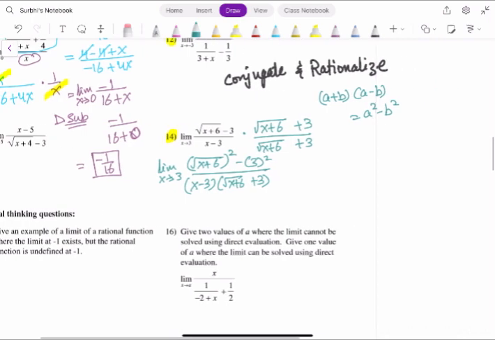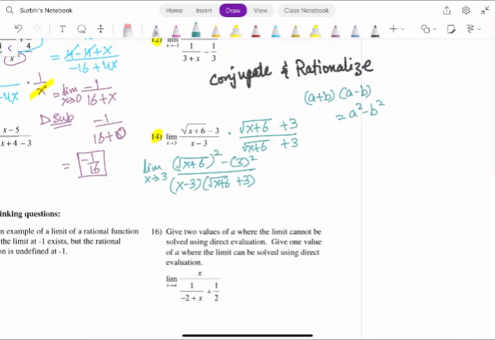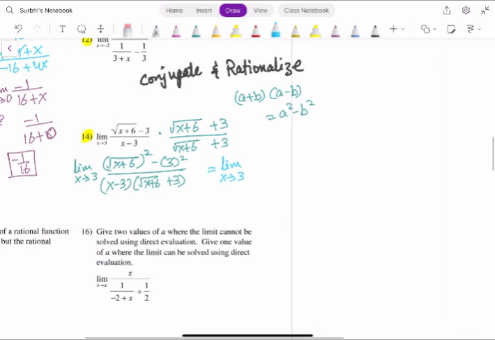Let's clean this up. So in the numerator, if you square it, you will get limit as x approaches 3, x plus 6 minus 9, and we will write the denominator as it is for the meanwhile. Why am I writing the denominator as it is? Because when you solve the numerator, there will be some factor that can be cancelled out.